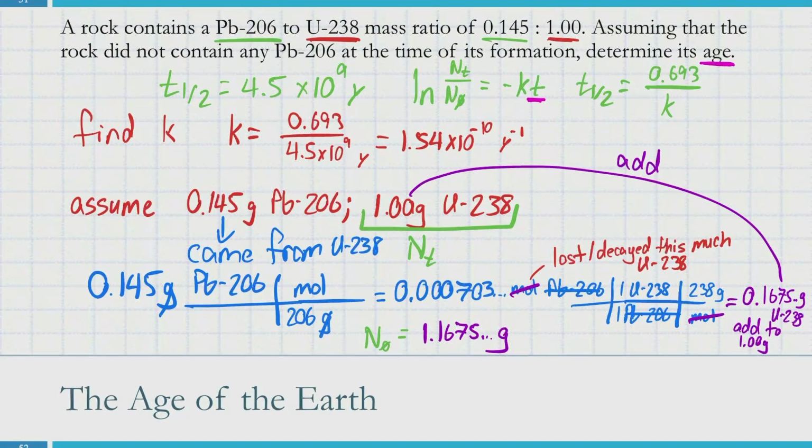So we can put in T equals natural log of 1.00 grams over 1.167 grams over negative 1.54 times 10 to the minus 10 inverse years. We'll get a value out with units of years.